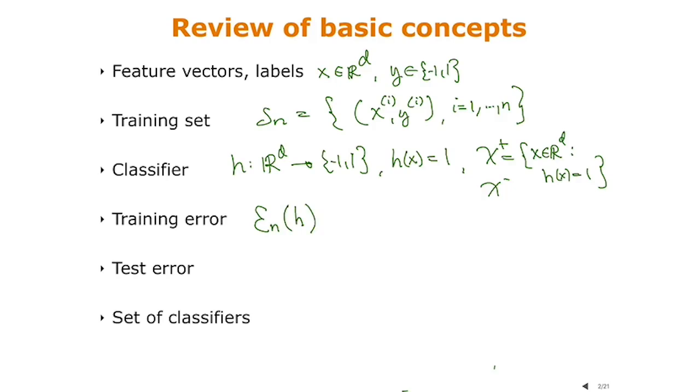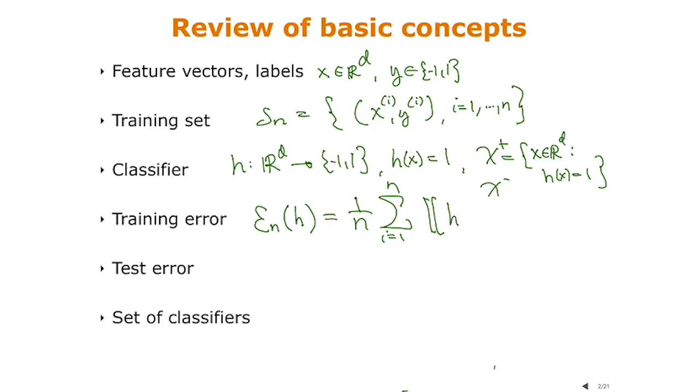I pick any classifier. I can evaluate the training error for that classifier, and it is the fraction of misclassified examples on the training set. So we take the fraction, divide by the number of training examples, sum over the training examples, and for each example, return plus 1 when there's a mistake and 0 otherwise.